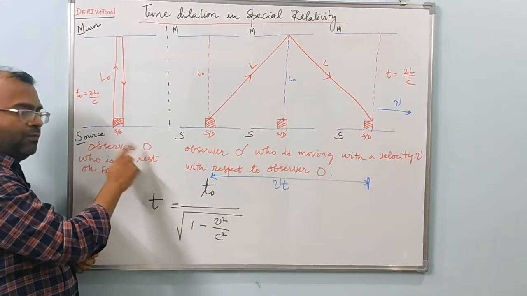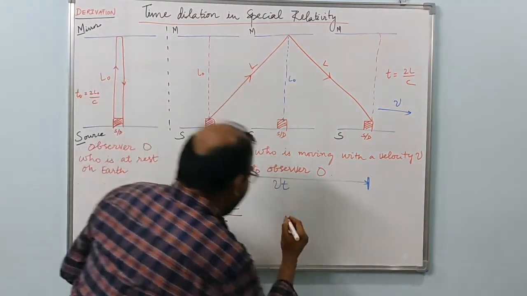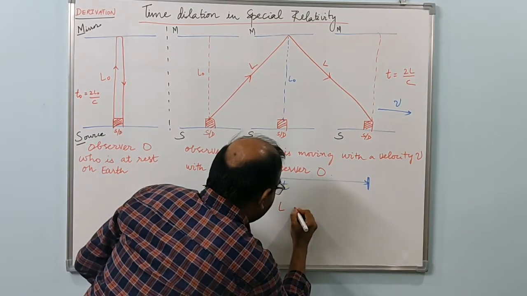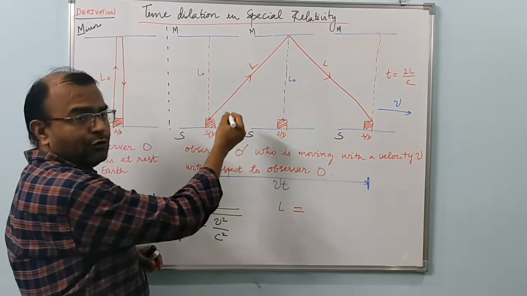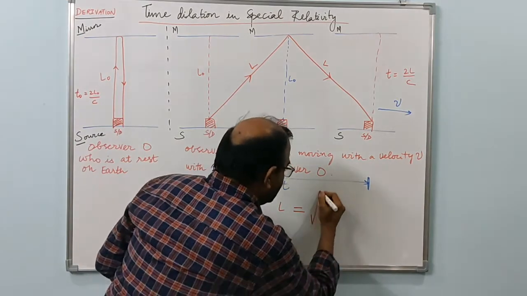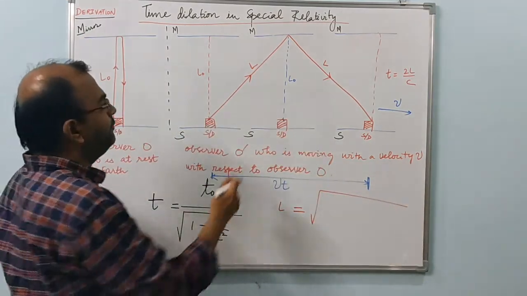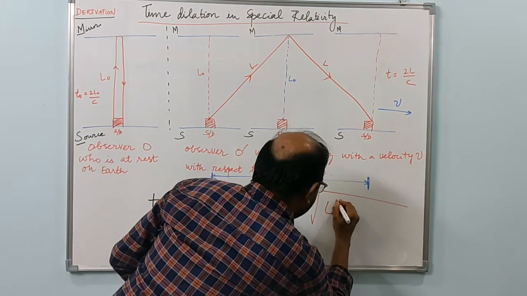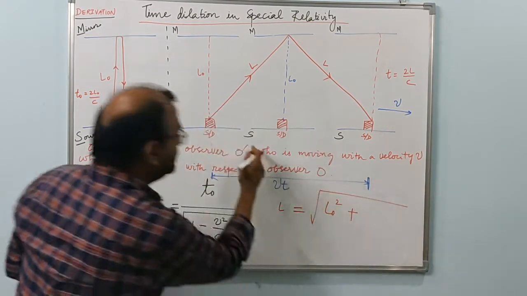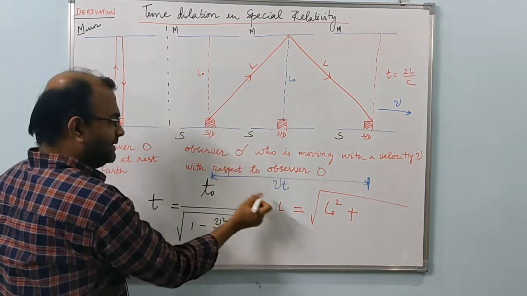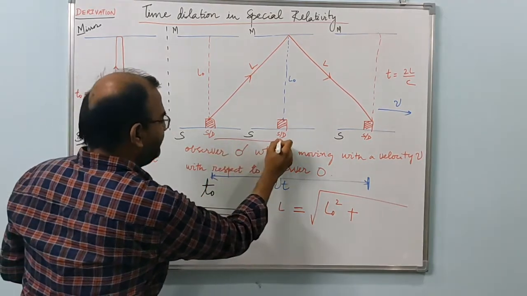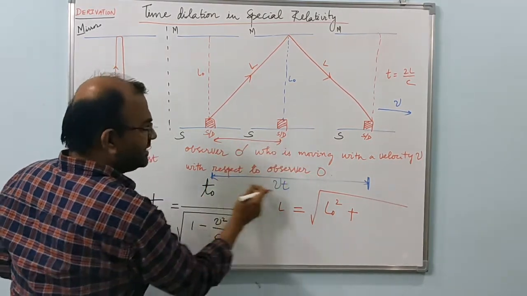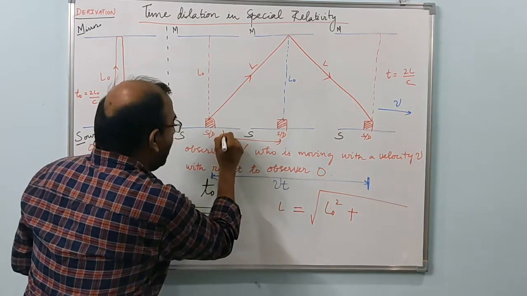as measured by O. So we can write L as being equal to the square root of L naught squared plus this is half Vt. The entire thing is Vt, so this is going to be half Vt.